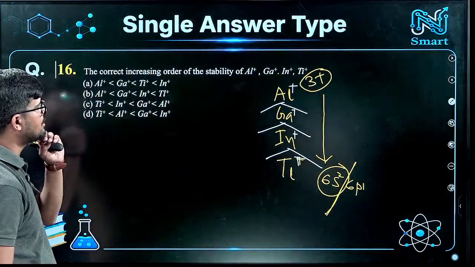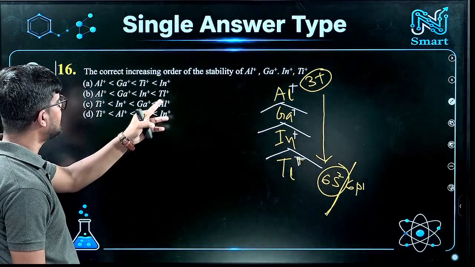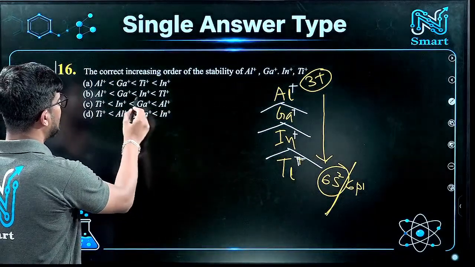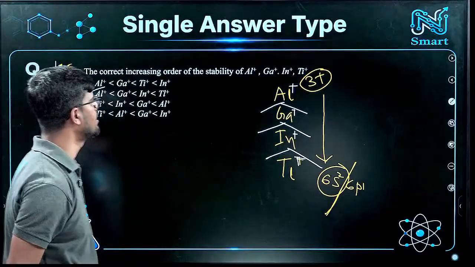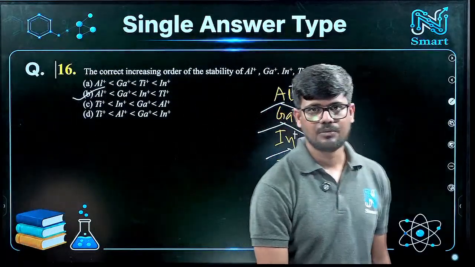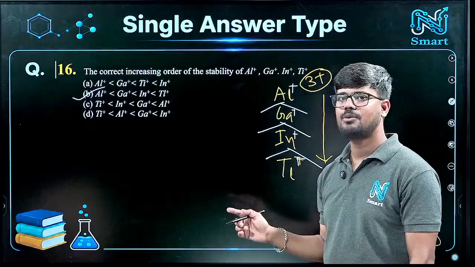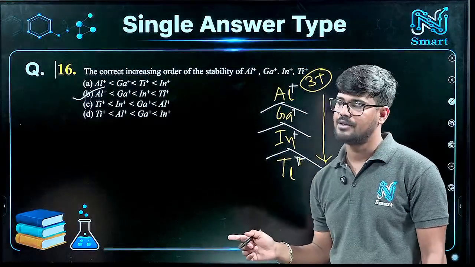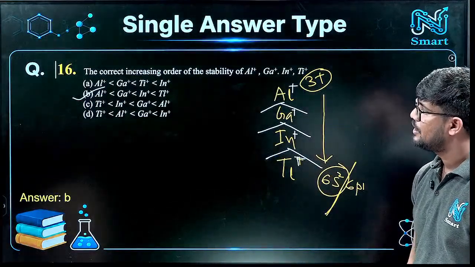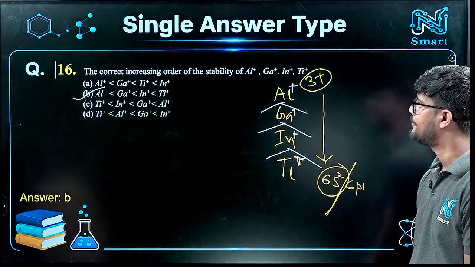Now just check the order. Maximum is thallium: aluminium, gallium, indium, thallium, option B. If you go top to down, the lower oxidation state will be stabilized because of the inert pair effect.